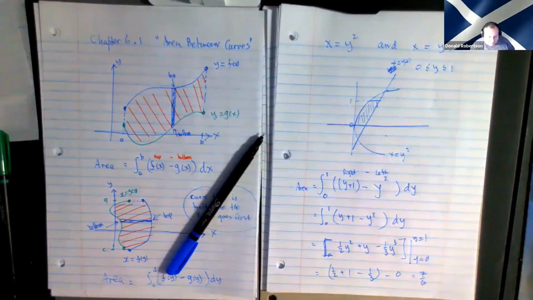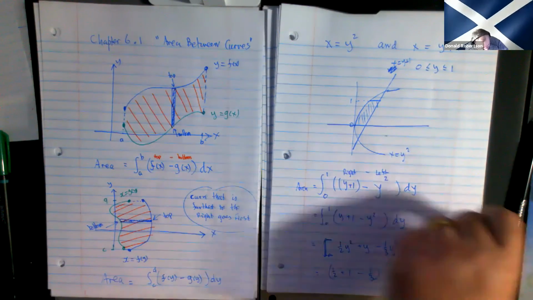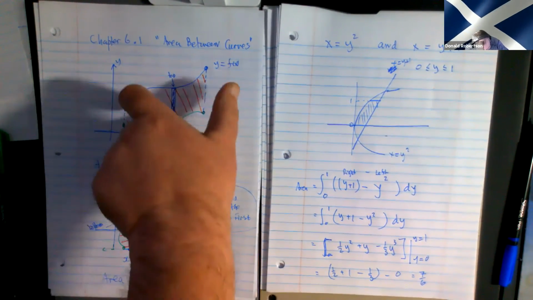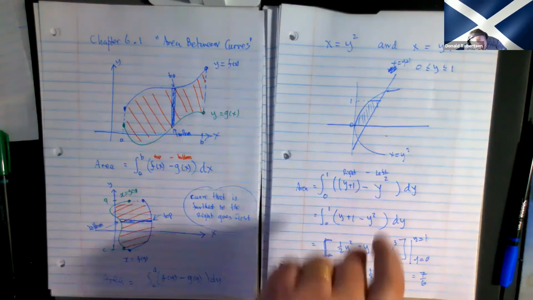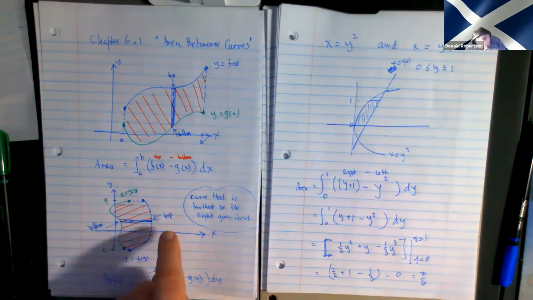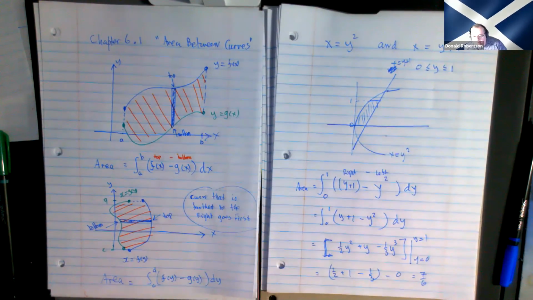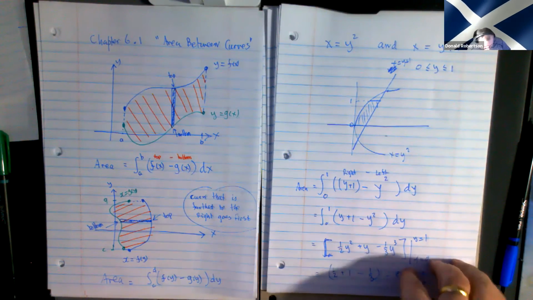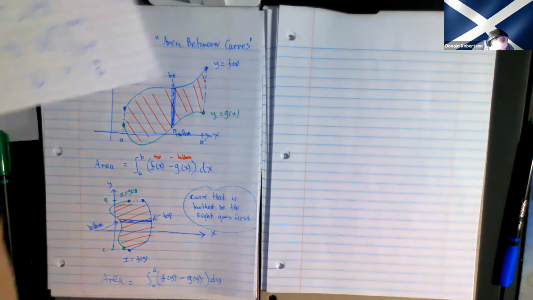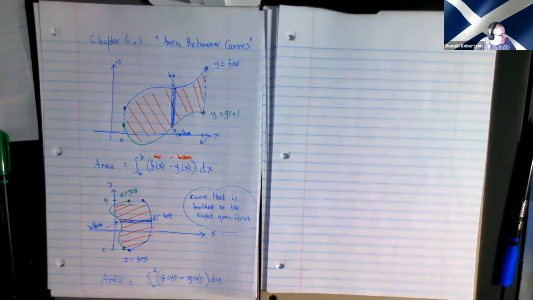So, single curve, top and bottom, area between given. Single curve, left and right, area between given. So what more can they do to give you different versions of this same kind of question?